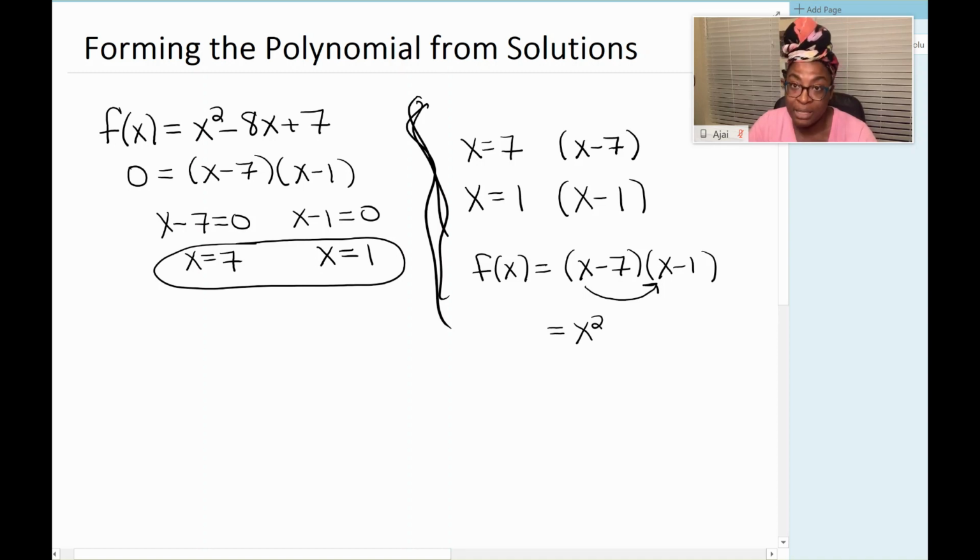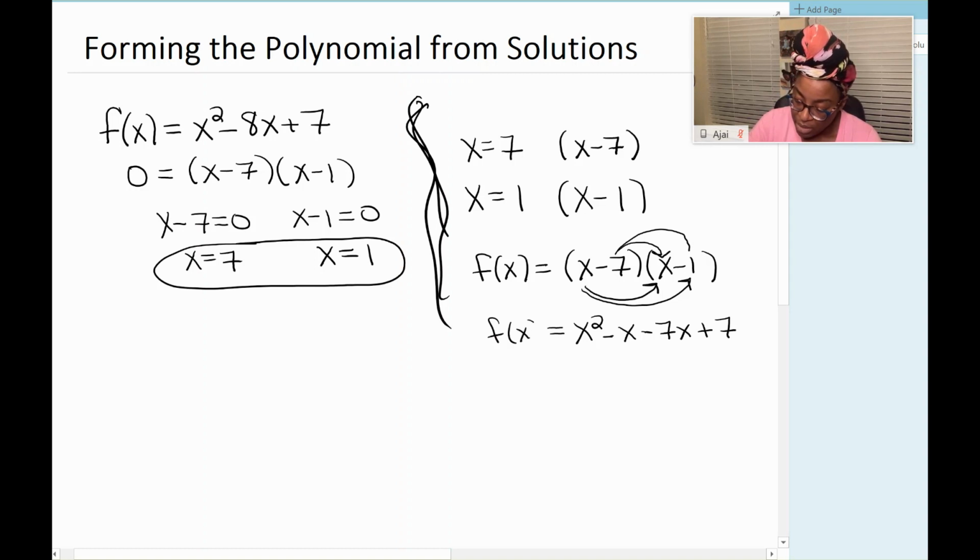Distributive property, basically. x times x, that's x squared. x times -1, that's negative x. Then I do -7 times x. And then I do -7 times -1, that gives me +7.